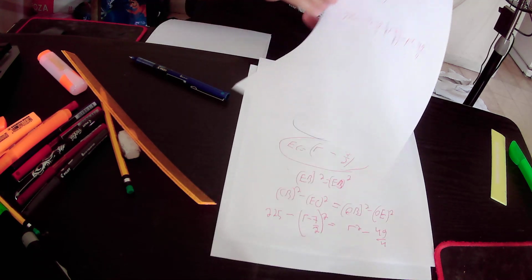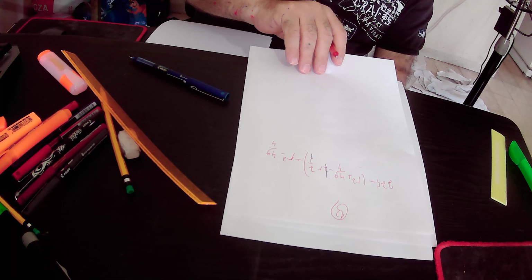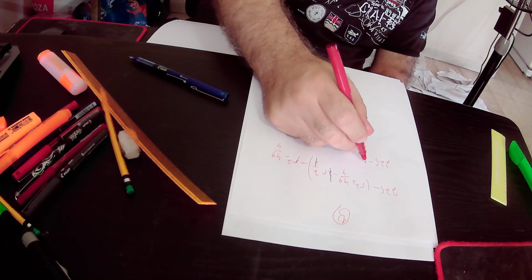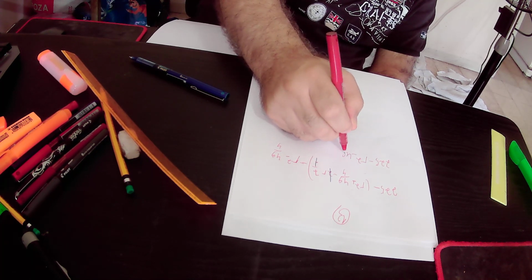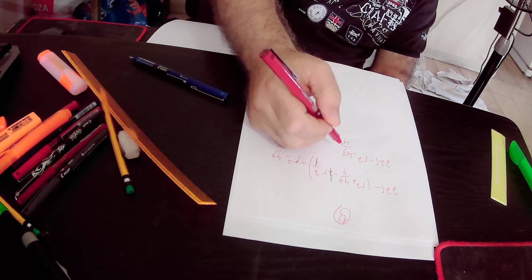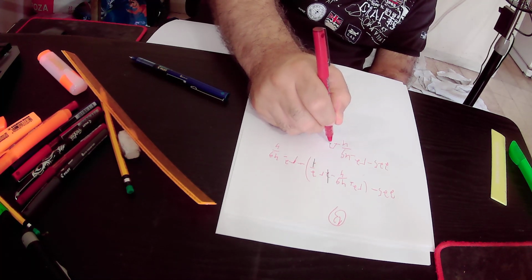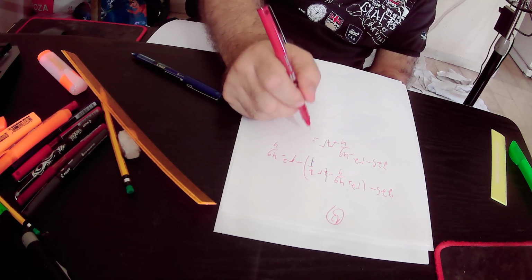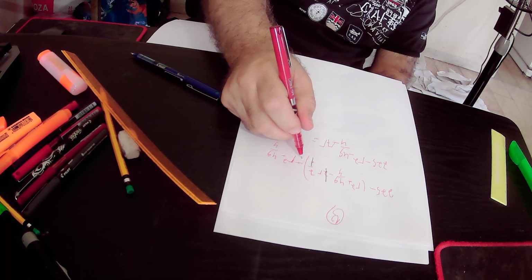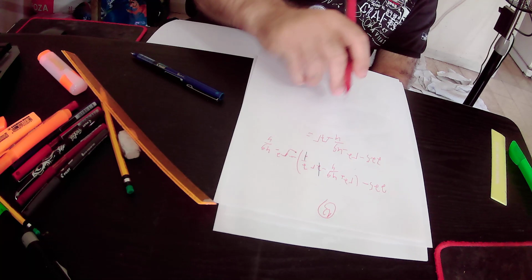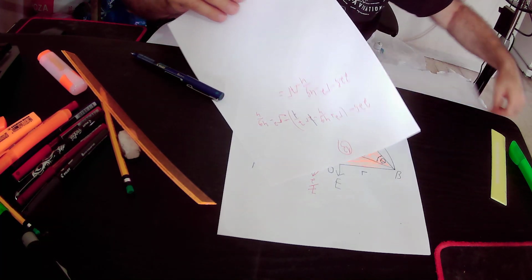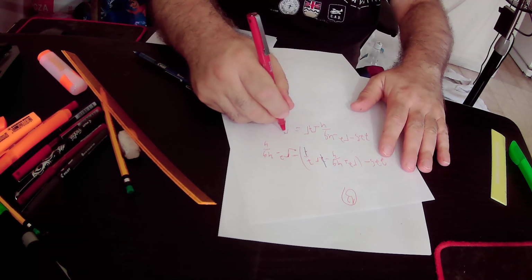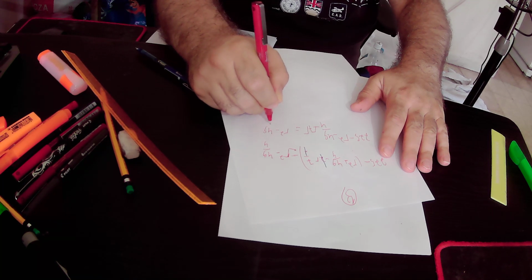and we will get that 225 minus R square minus 49 over 4 plus 7R equals to R square minus 49 over 4.